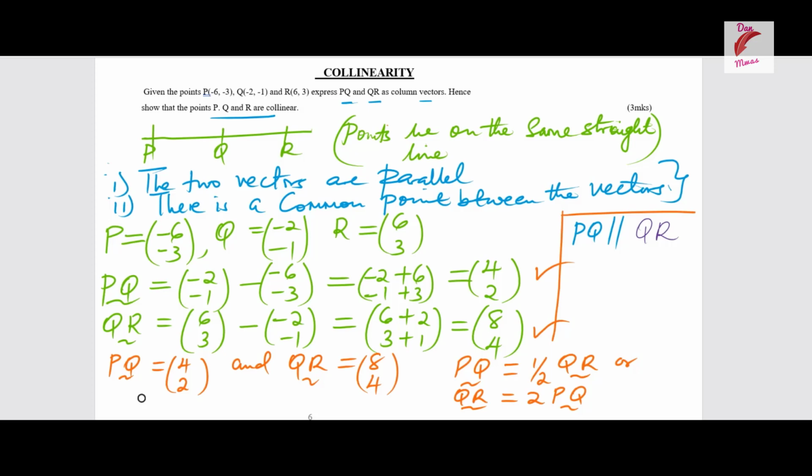And then you can see between PQ and QR that Q is common. That is condition number 2. There is a common point. By showing these two, you have shown that the points are collinear. So that is how you're supposed to show collinearity.